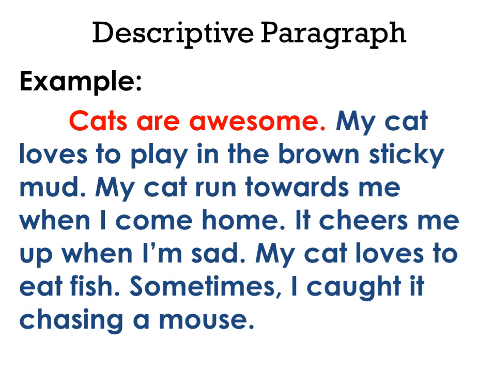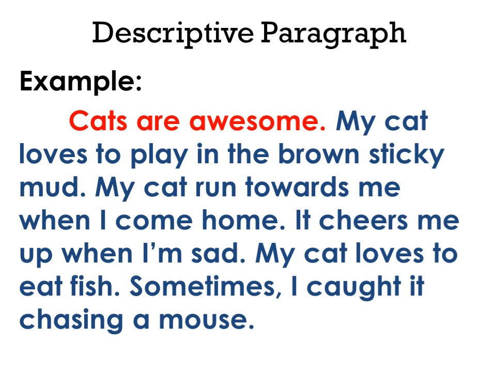The supporting sentences are written in the blue font. Examples of the supporting sentences are: my cat loves to play in the brown sticky mud. My cat runs towards me when I come home. Cheers me up when I'm sad. My cat loves to eat fish. Sometimes I caught it chasing a mouse.